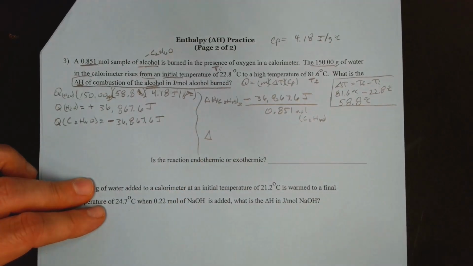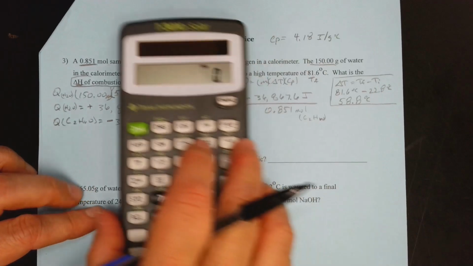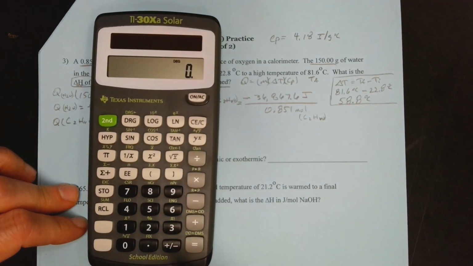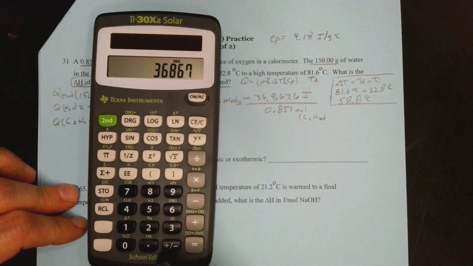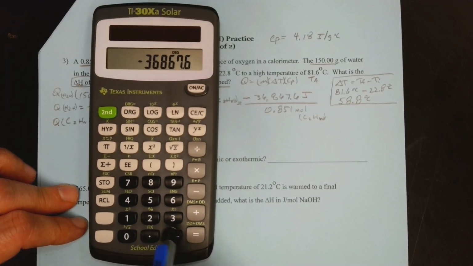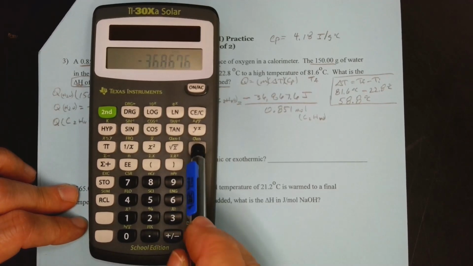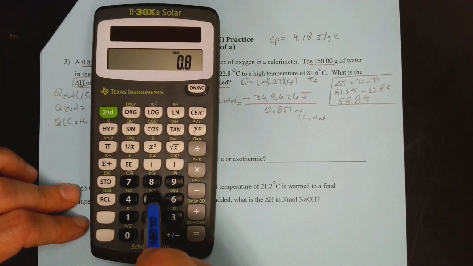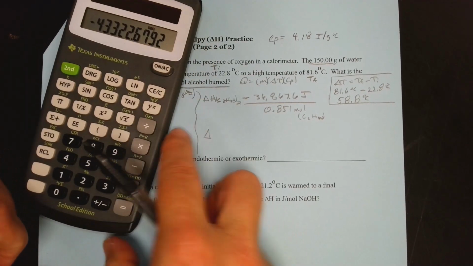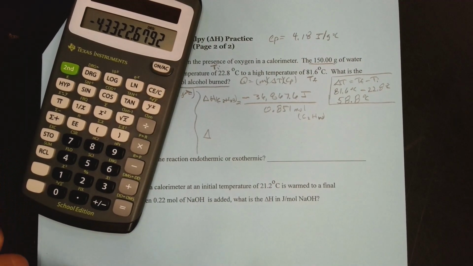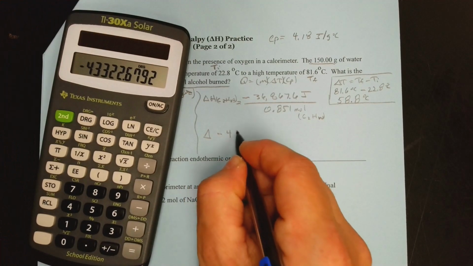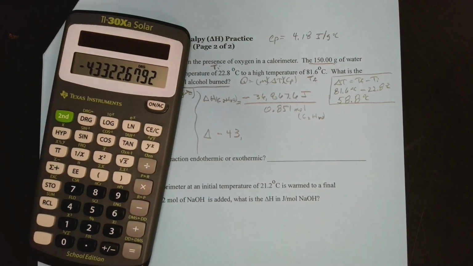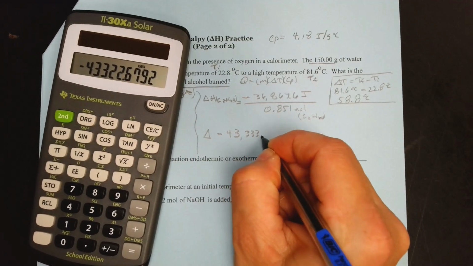So then when I do the math on that, I'm going to take 36,867. And remember, oh, that's right, 0.6. And remember, I'm going to make that negative, so then I got to hit my little negative button down here at the bottom right there. Divided by 0.851 leaves us with a delta H of negative 43,333 point.